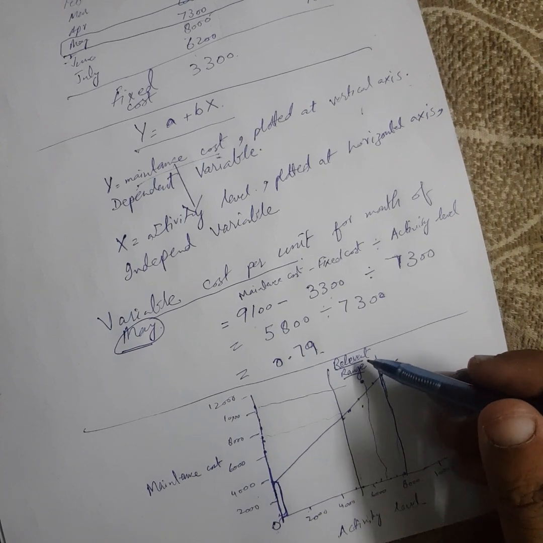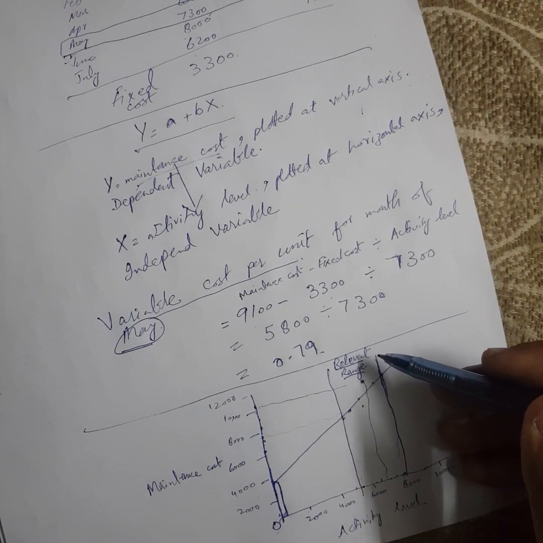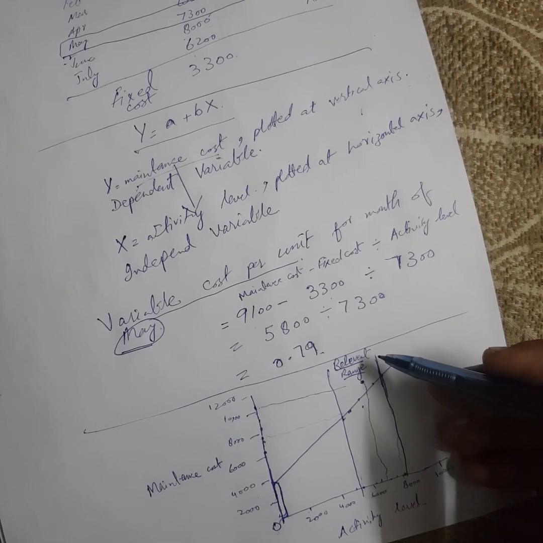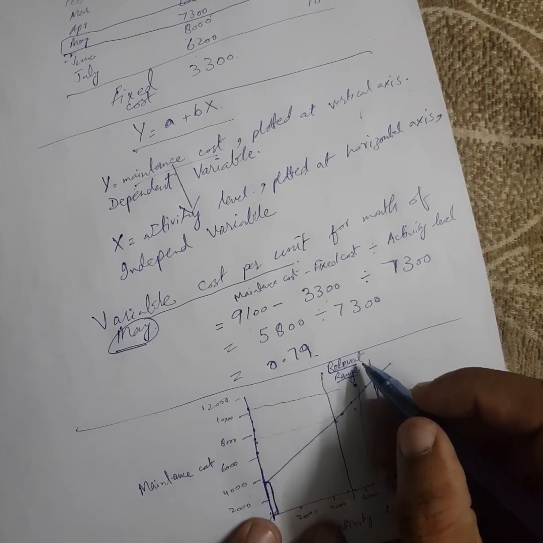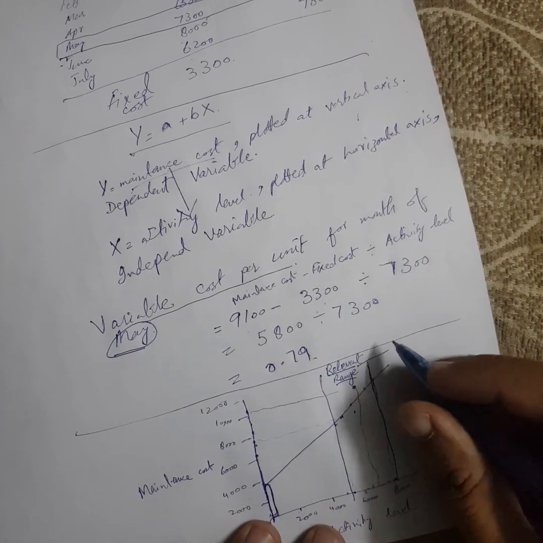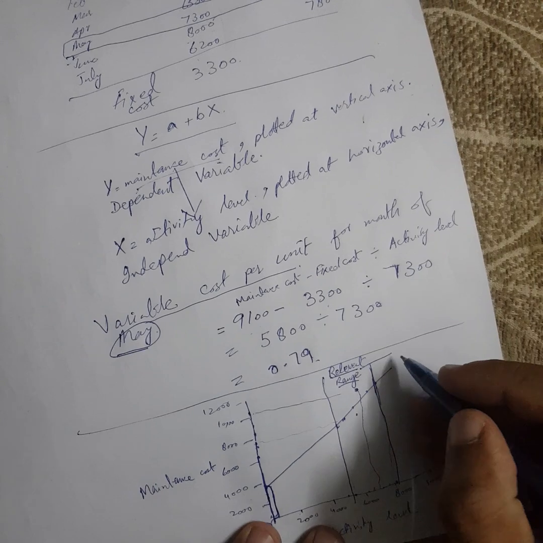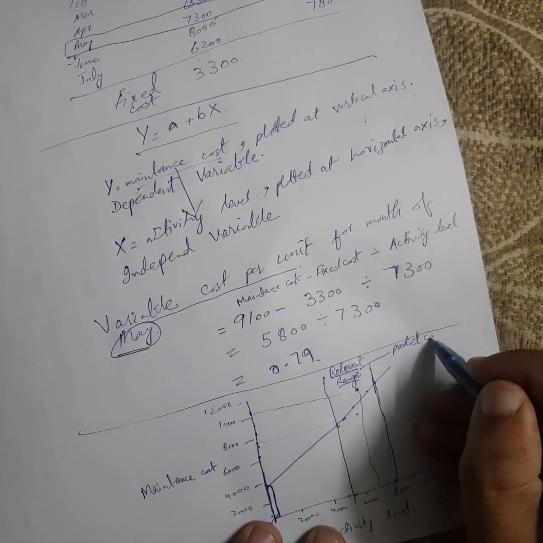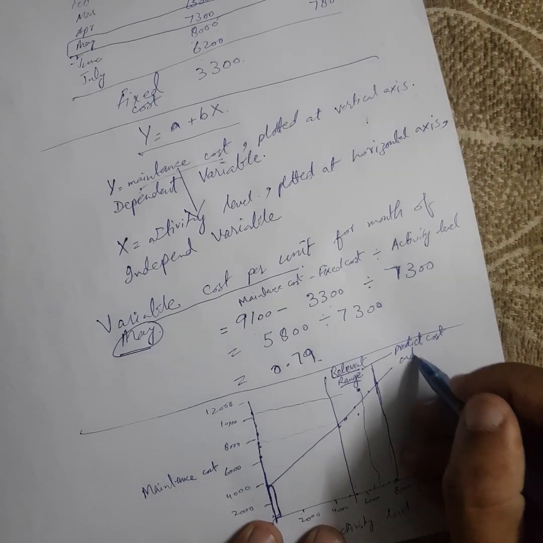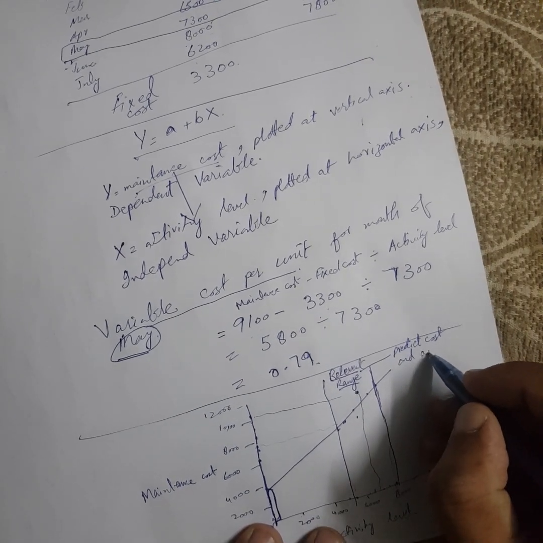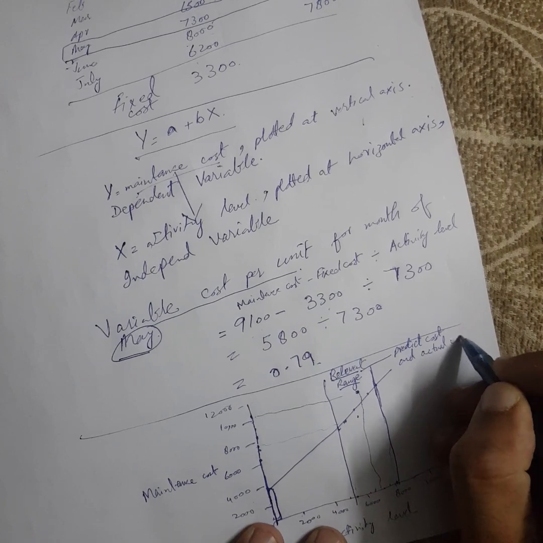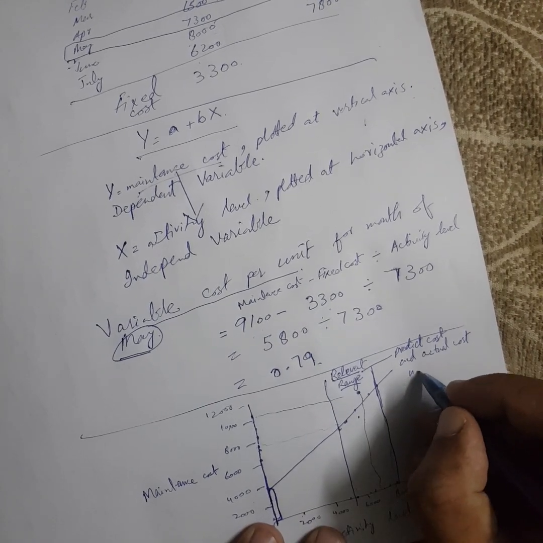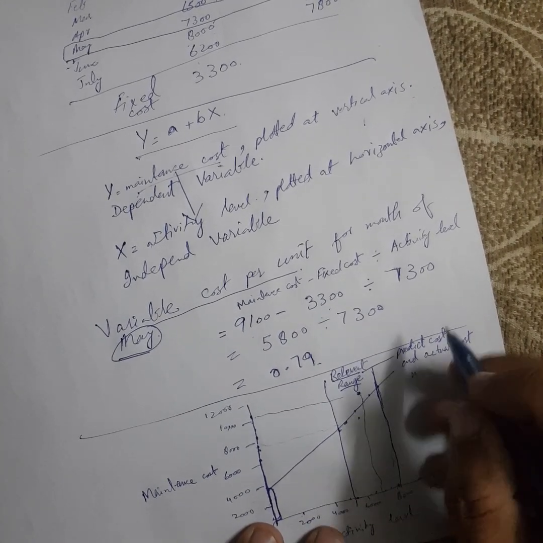What is the meaning of relevant range now? Relevant range is that area at which our predicted cost and actual cost meet each other.